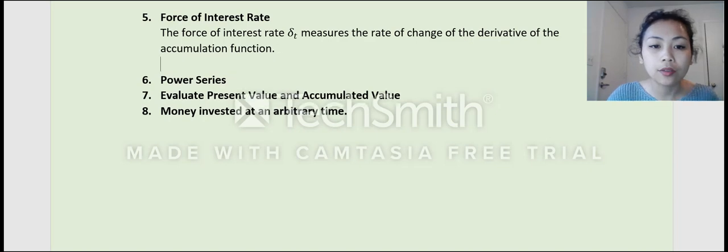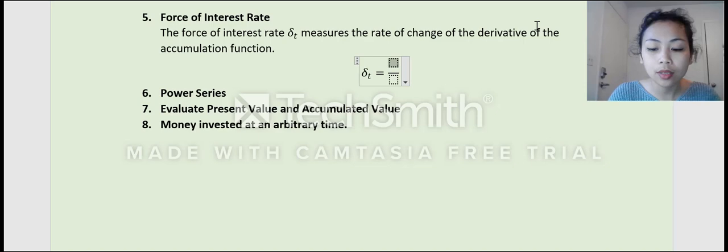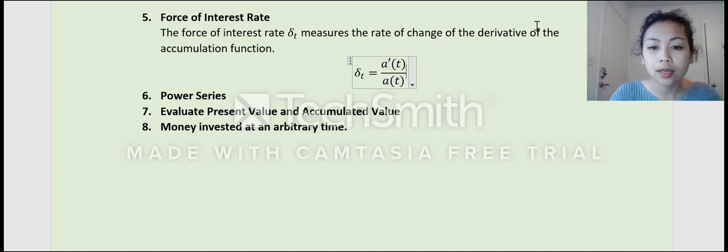And the force of interest rate is computed as delta t equal to a prime of t over a of t. That means the derivative of the accumulation function over a of t.